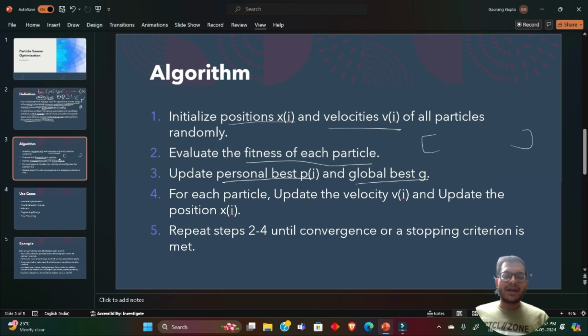Then you will update the particle's velocity and its position for each particle. And lastly, you will repeat these 3 steps until the convergence is reached or a stopping criteria is met. Convergence means that you have found the best solution and there is no other better solution possible.